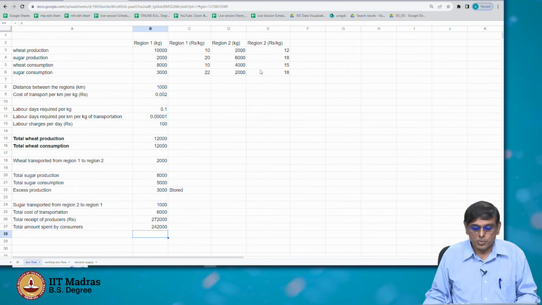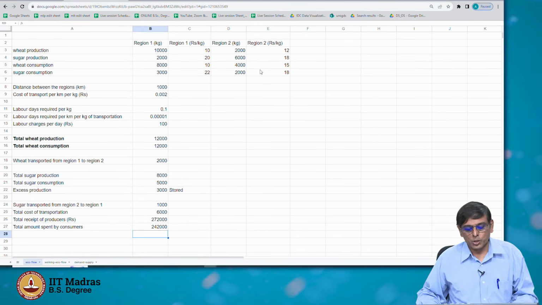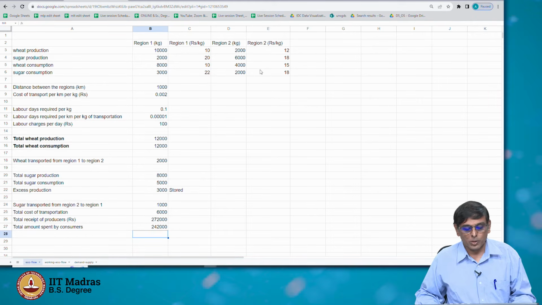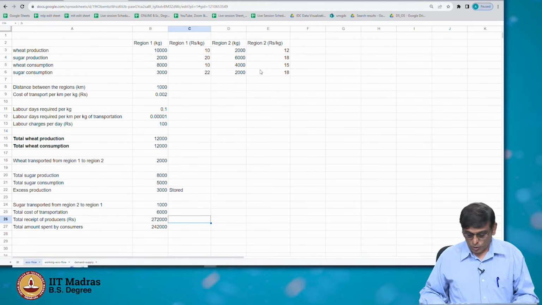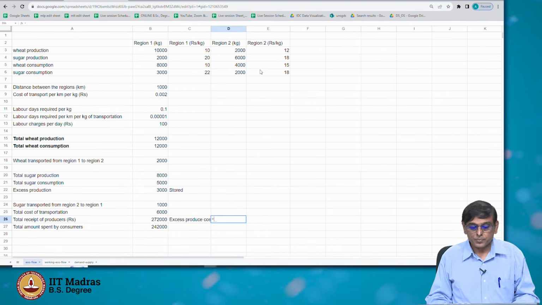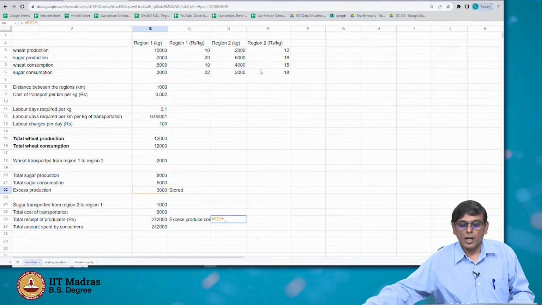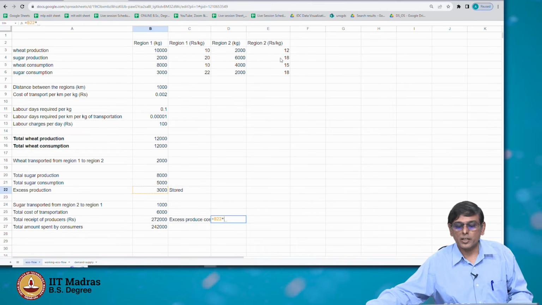So, this tells me that 2,42,000 rupees was spent by consumers. Of course, this difference between 2,72,000 and 2,42,000 rupees was spent on the excess produce, right. So, I can write here excess produce is, we know 3,000 was stored, 3,000 is all sugar, and it was all sugar produced over here at 18 rupees.